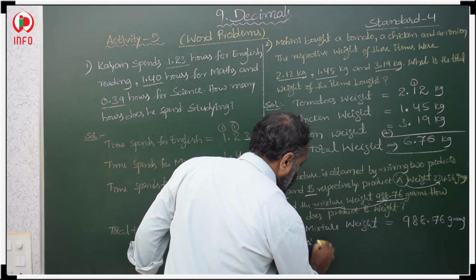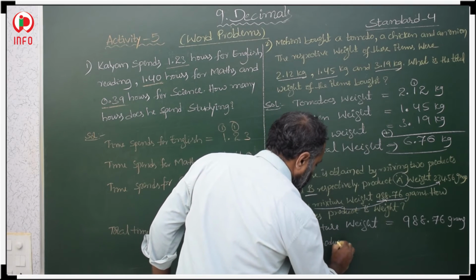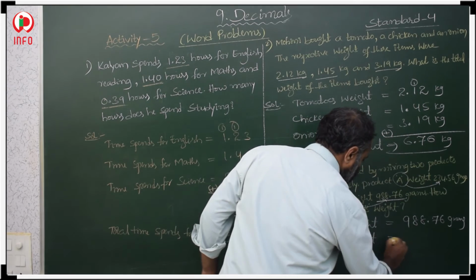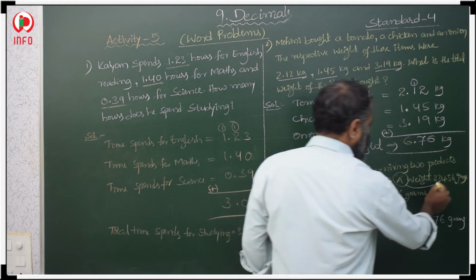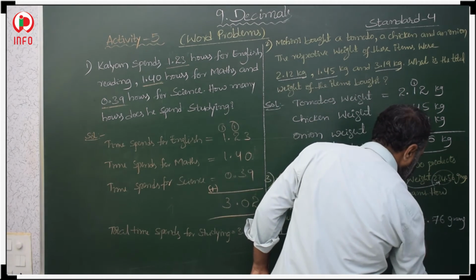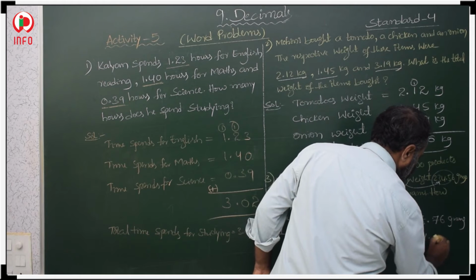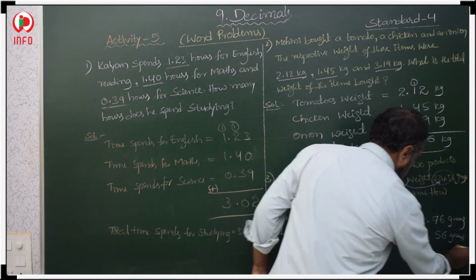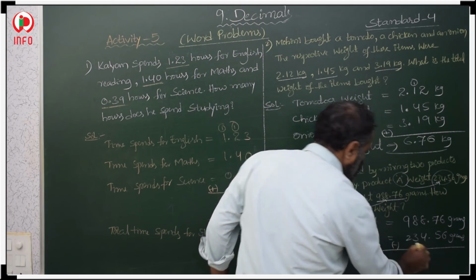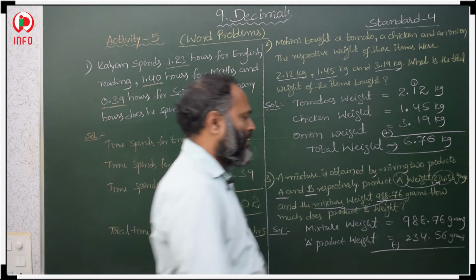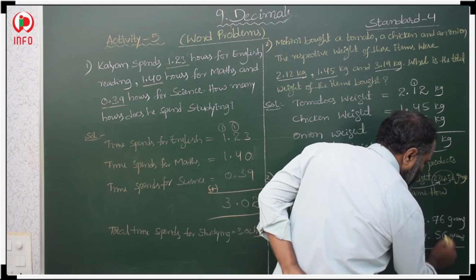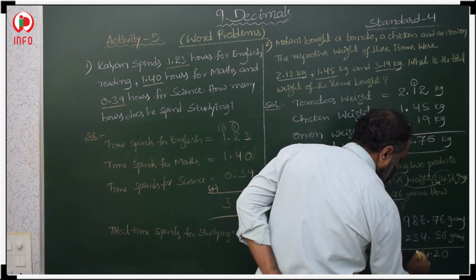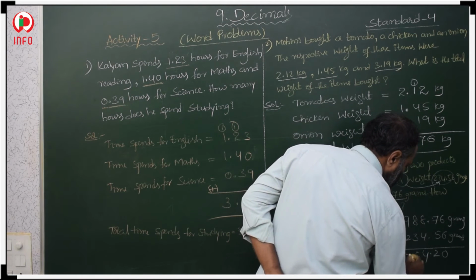This is mixture weight. A product weight is how much? 234.56. Now you subtract, you will get B product weight. 6 minus 6 is 0, 7 minus 5 is 2, 8 minus 4 is 4, 8 minus 3 is 5, 9 minus 2 is 7.